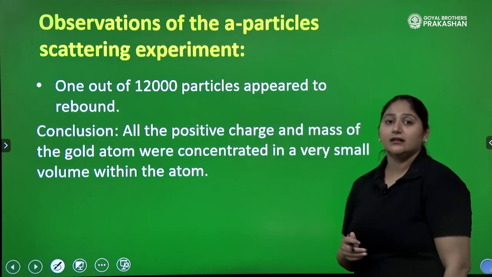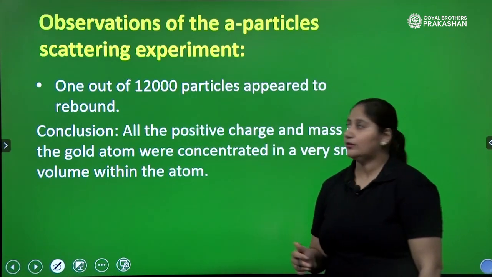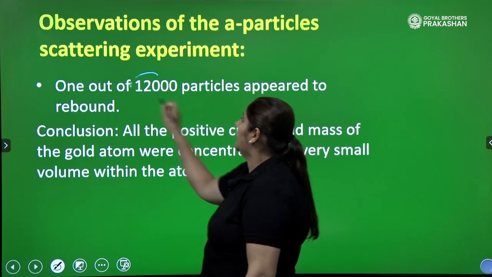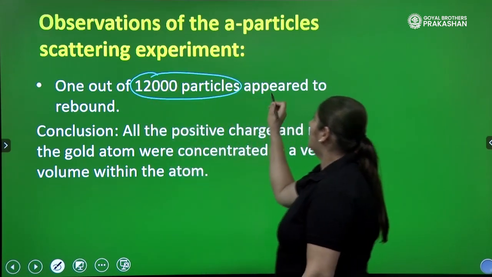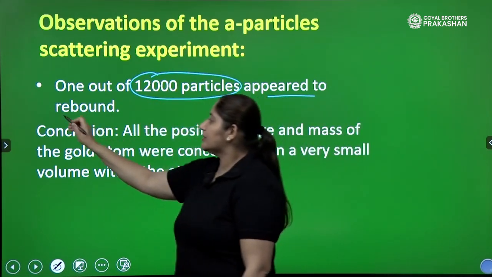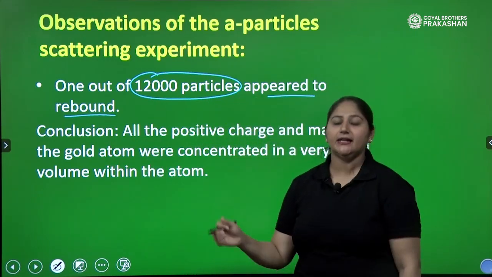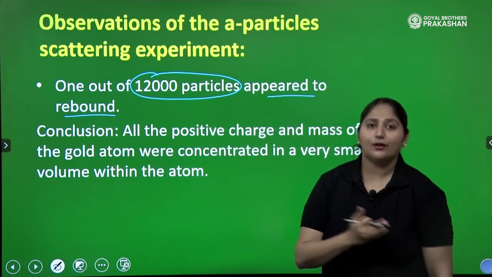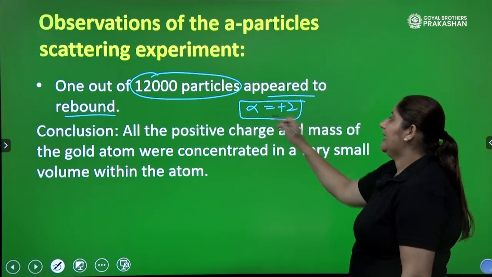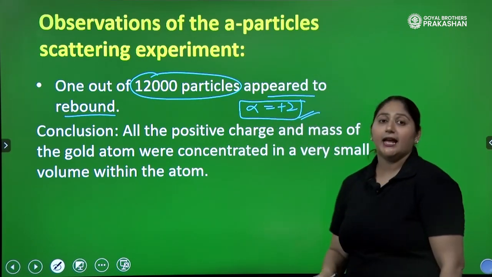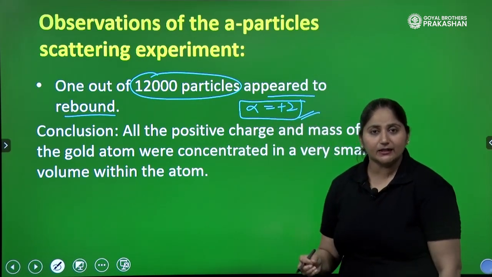The next very important observation he found was that 1 out of 12,000 particles appeared to rebound. There were some rays which deflected back. Why? Again, alpha has a +2 charge and it is a heavier particle.